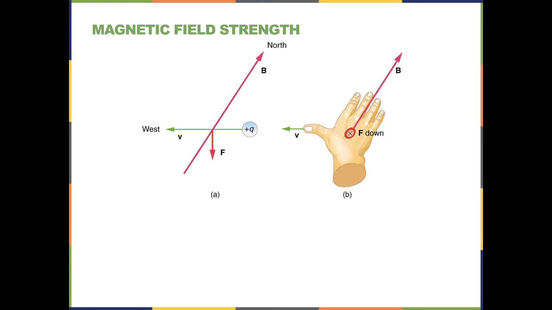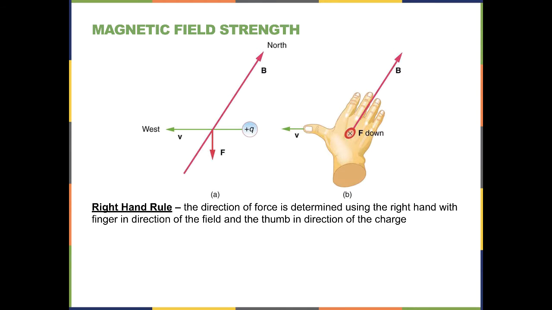Now this is a diagram showing another way of representing the right-hand rule. Here we have a charge traveling west through a field which is directed to the north. In this, we use the right-hand rule to determine the direction of force.